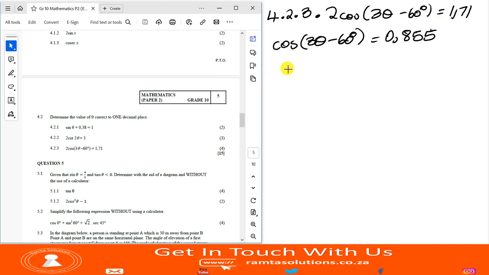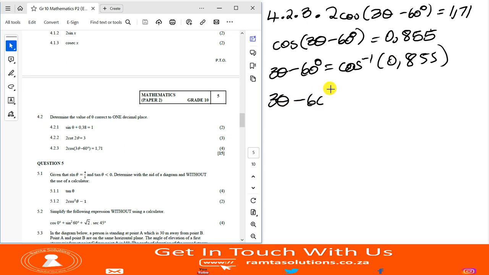Now, we can say 3 theta minus 60 degrees is equal to cos inverse of 0.855. What do we get? Shift cos of 0.855. We get 3 theta minus 60 degrees equals 31.24026522 degrees.